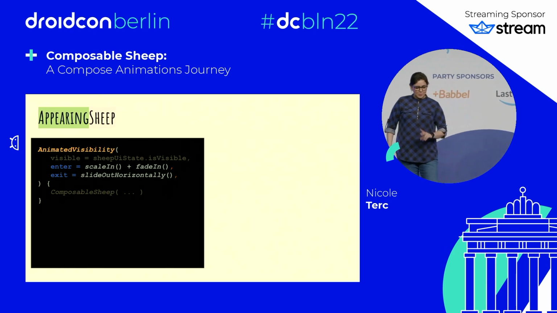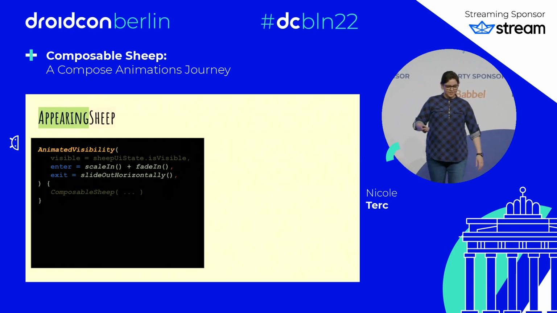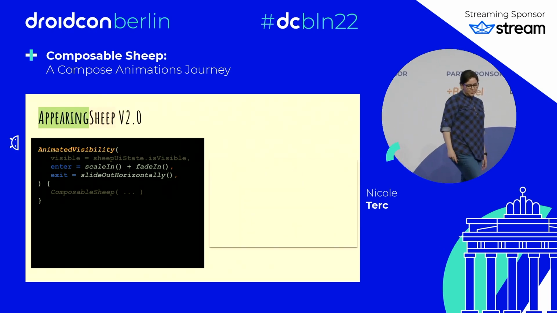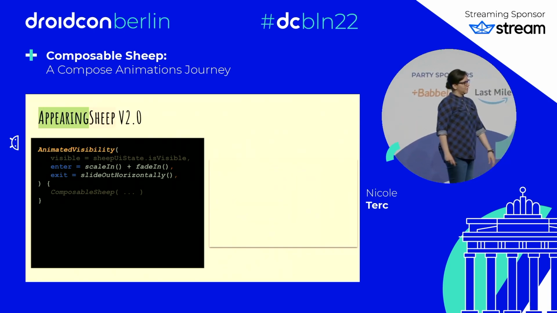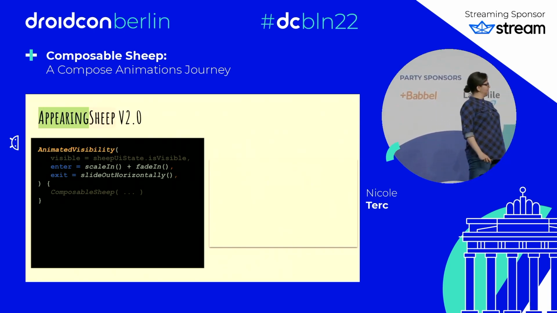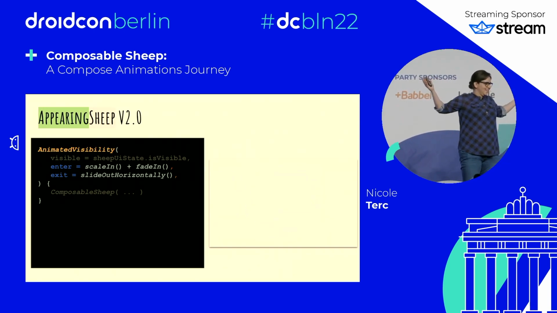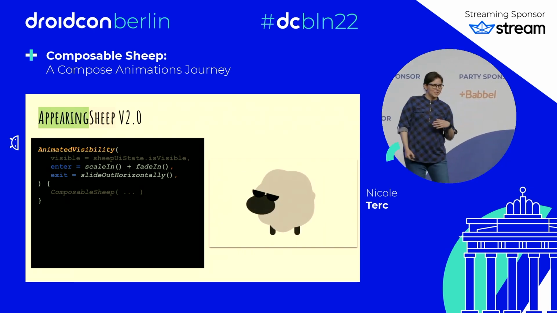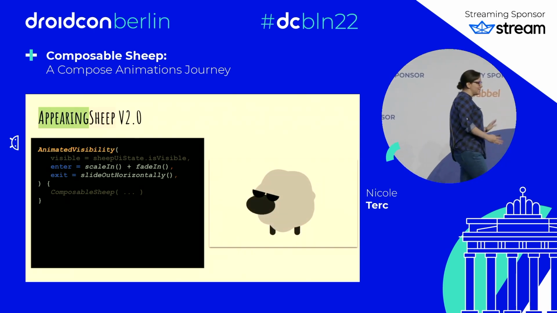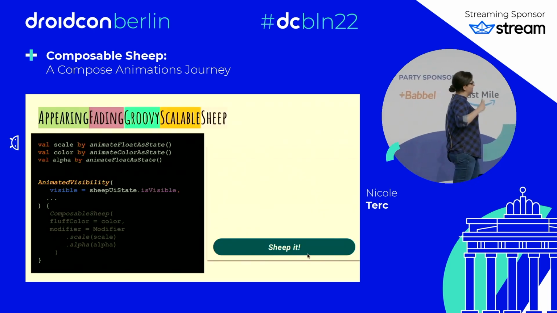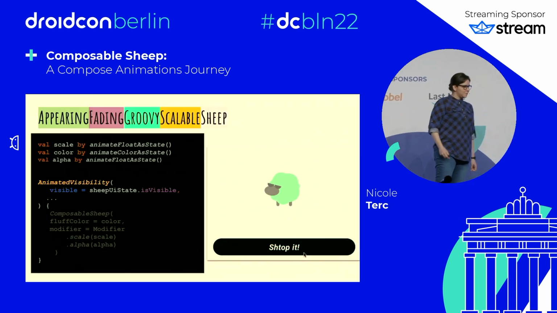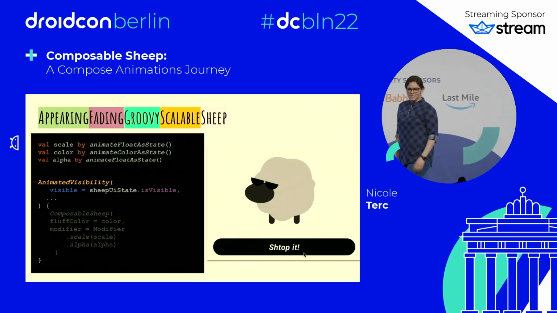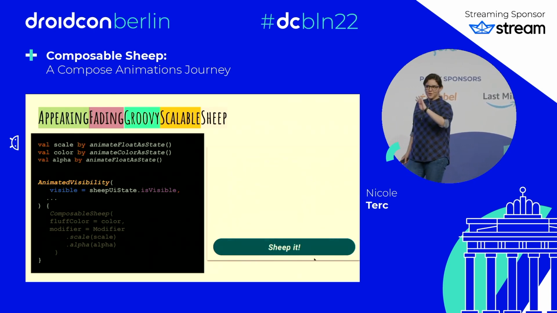And by just adding those 2 lines, we have an appearing chip version 2.0 that has a totally different behavior than the chip before. And of course, since this is Compose, there's nothing stopping you from grabbing everything we have seen so far and create an appearing, fading, groovy, scalable chip by changing 4 lines or more.